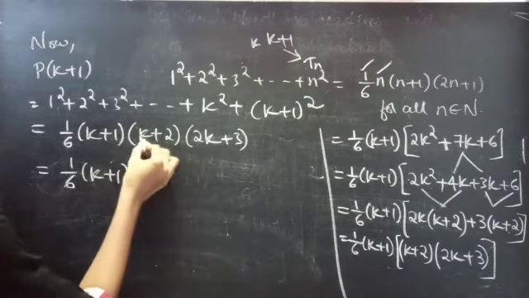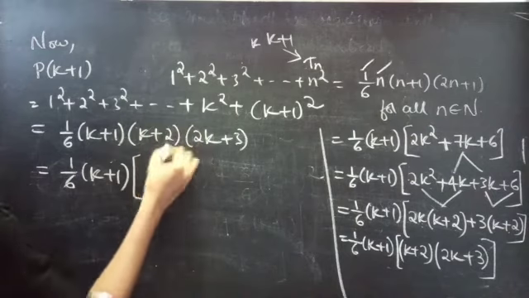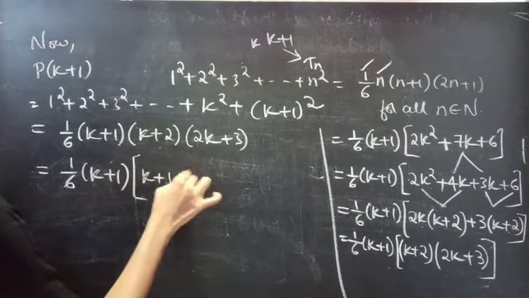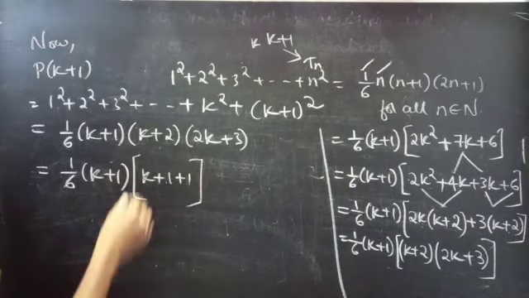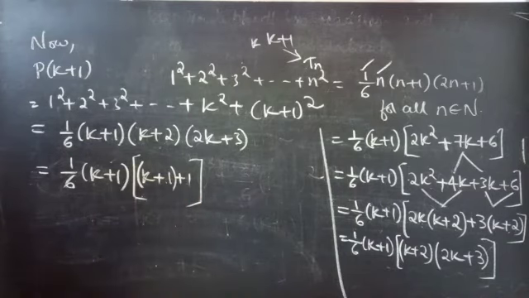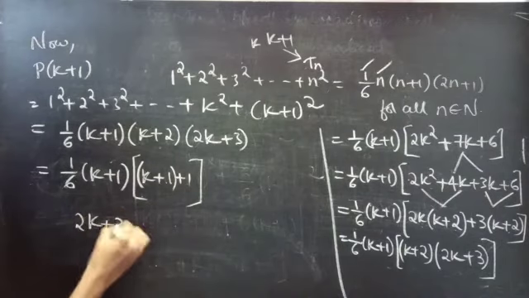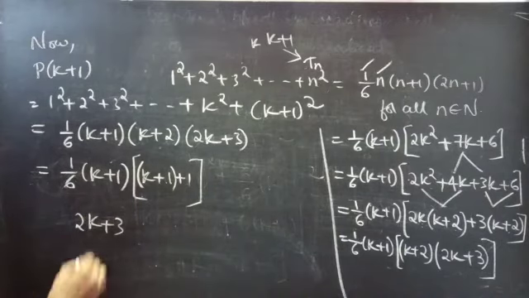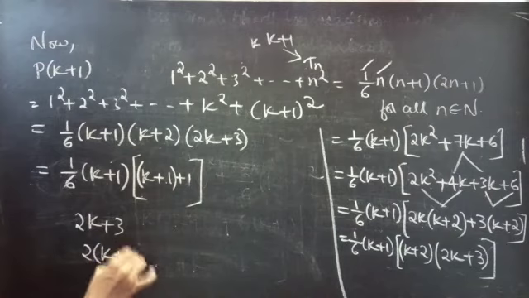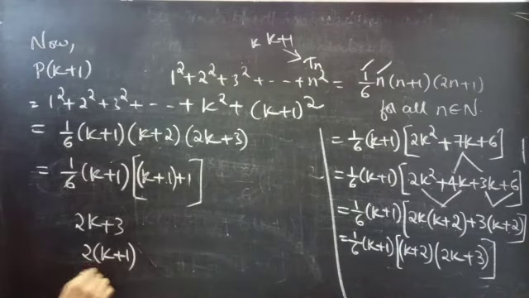What I can do is split this 2 as 1 plus 1, so that you can consider k plus 1 as one number, which belongs to rational numbers, into, you're having 2k plus 3, right? You're having 2k, that means you'll get something like this, 2k plus 1.